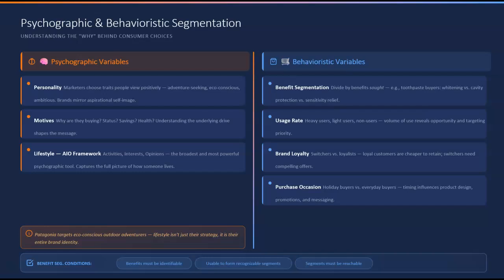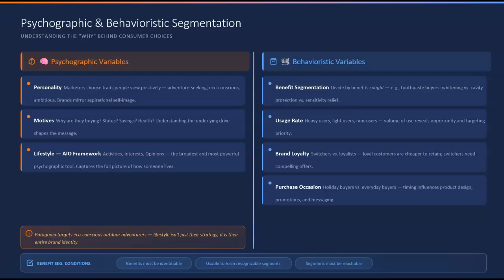What are their motives to buy? Do they want to stay healthy? Are they trying to show their status in society? Then they have the lifestyle, activities, interests, and opinions. And this is the broadest and most powerful psychographic tool, capturing the full picture of how someone is.